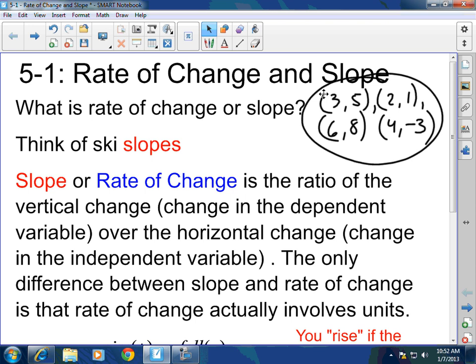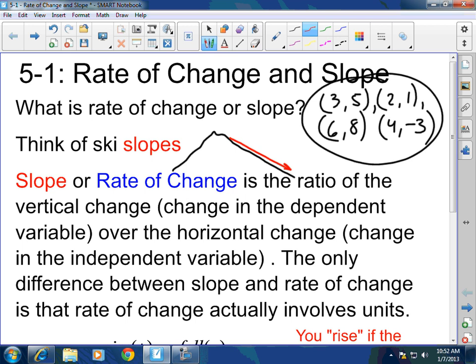They used the word slopes because on a mountain, you're skiing down this path, right? That's a slope. It is a line that has been tilted, angled. There is an angle to it. You're going down, that's a slope.